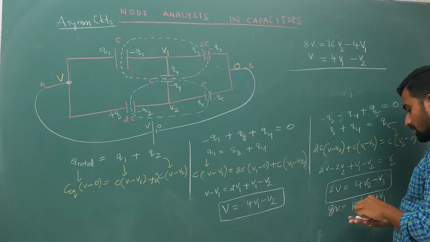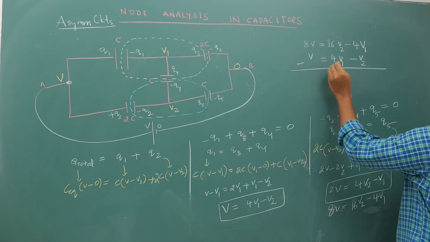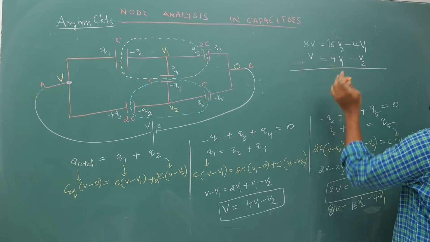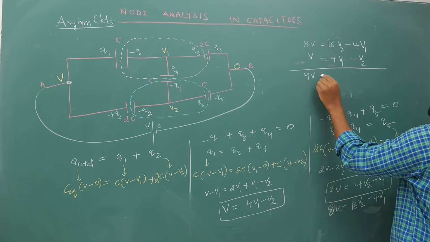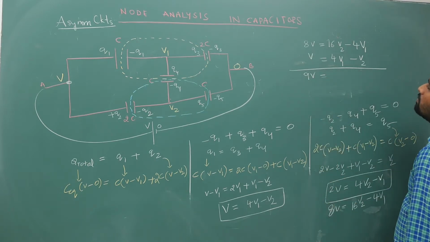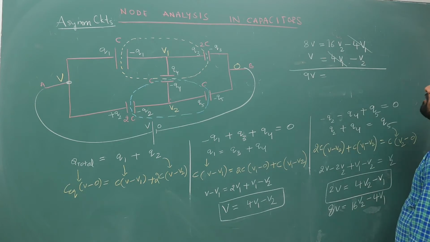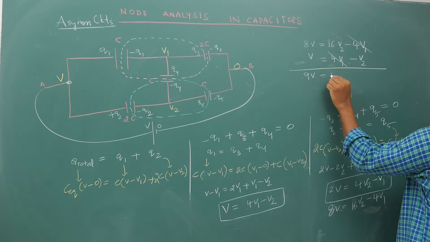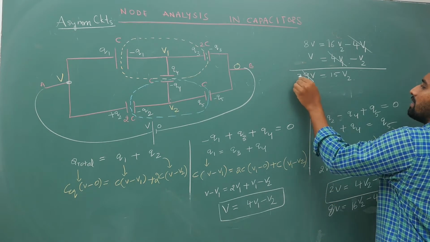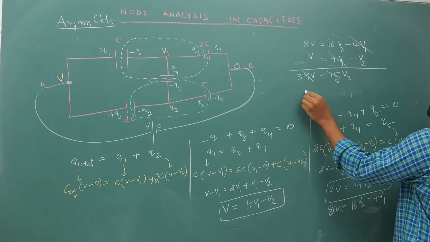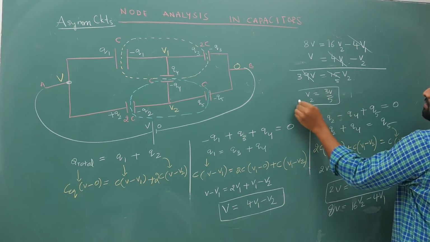Simplify this, and add them. So 8 plus 1 is 9V, that is equal to 16V2 minus V2, since the 4V1 terms cancel off. 16 minus 1 is 15V2. So 3 fives are 15, and V2 is 3V by 5.